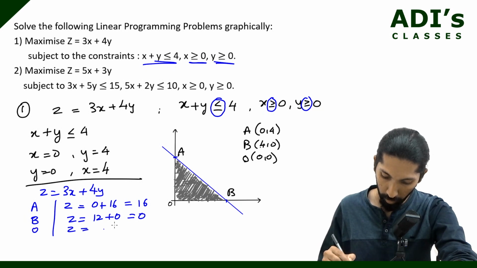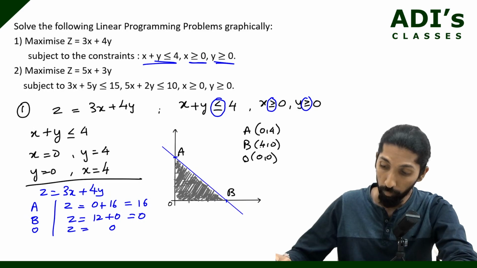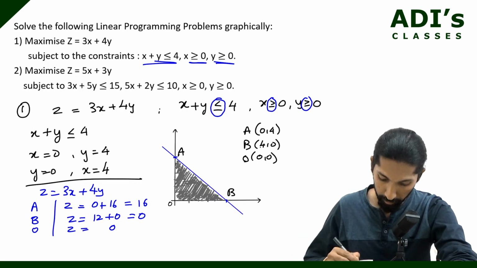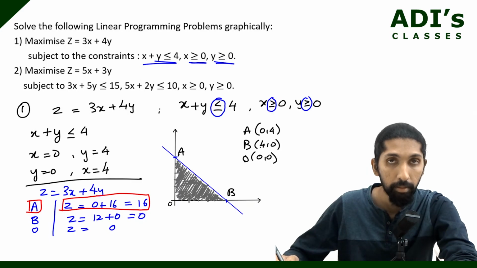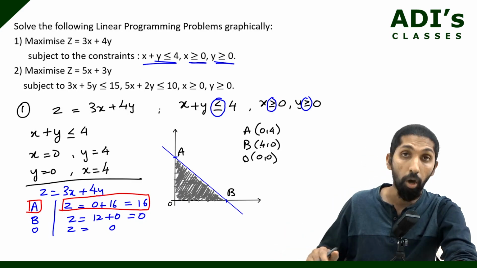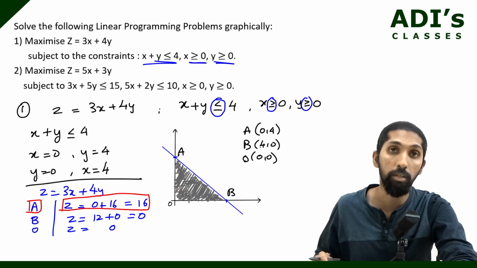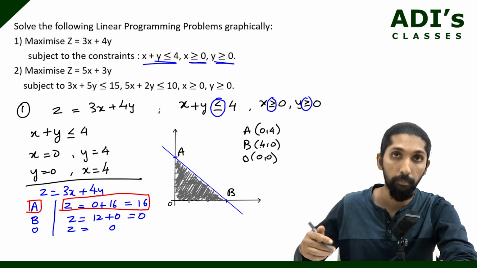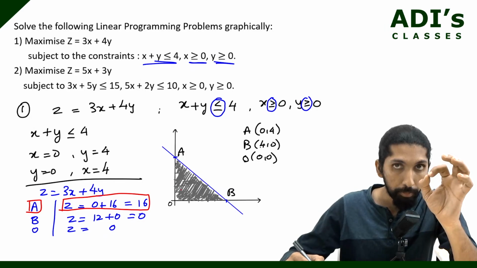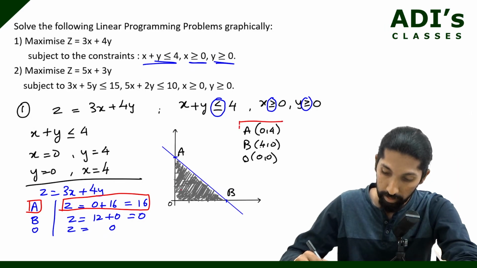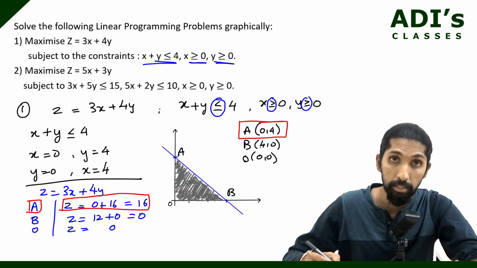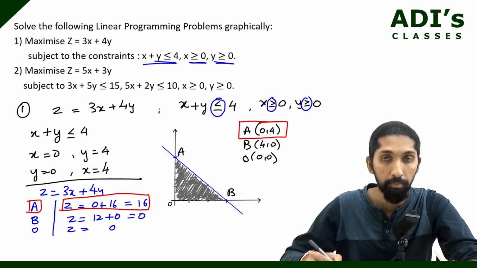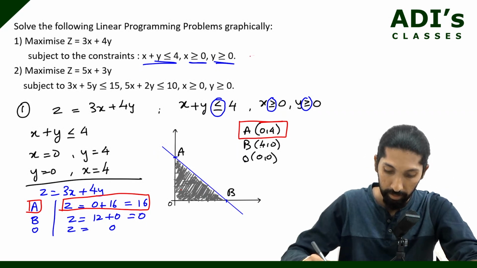And if you take O, the answer is 0. Which is the maximum? The maximum is going to be this, which is nothing but point A, correct? A is going to be the maximum. So the optimal solution for this is (0, 4). Again, I'll tell you the optimal solution is (0, 4). And what is the value of the maximum? Maximum value is 16.